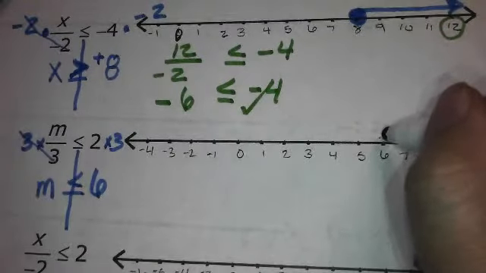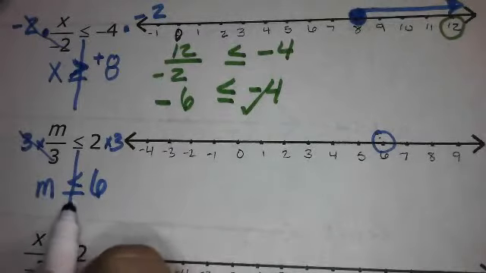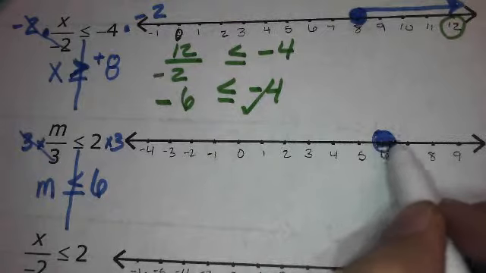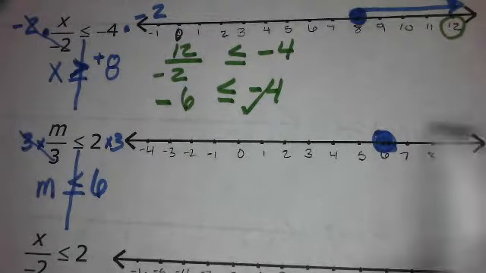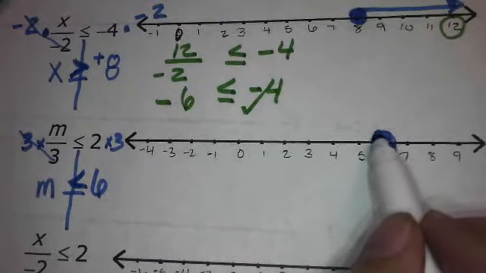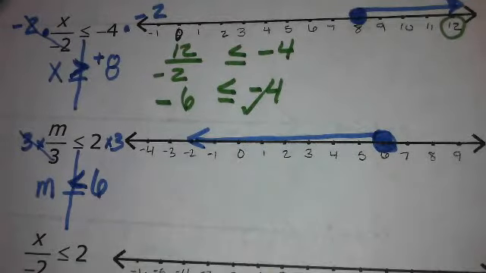Go to 6, put a circle. Look at the sign, there's an equal right there, so you're going to close the circle. m is less than or equal to 6, so I need to look at the side less than 6. Less than means to the left.